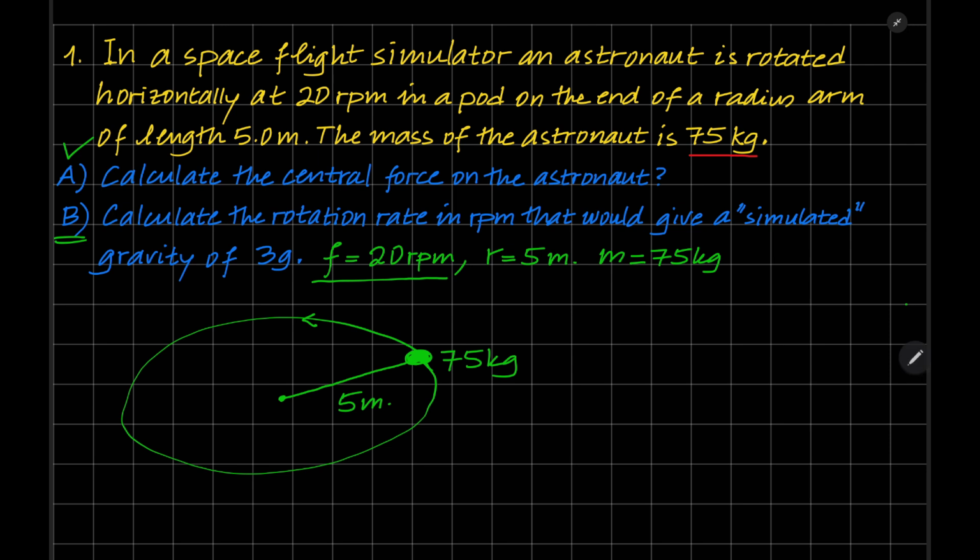We know that force in angular motion, the centripetal force, is equal to m angular velocity squared times r, which must be equal to mass times 3g. You can cancel the m with this one.